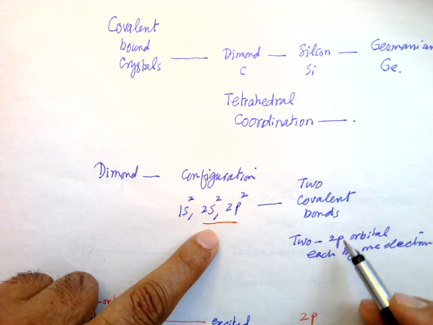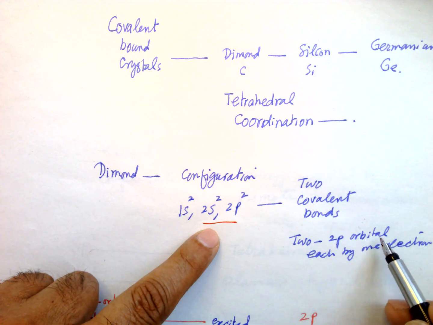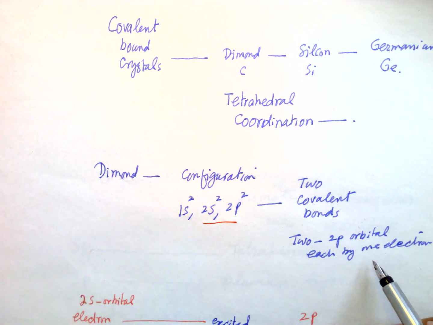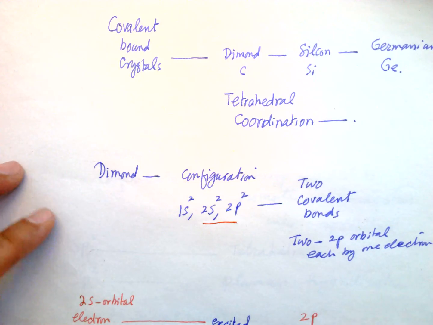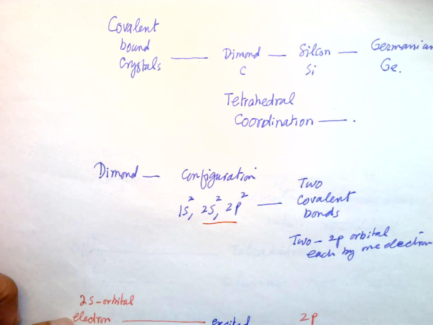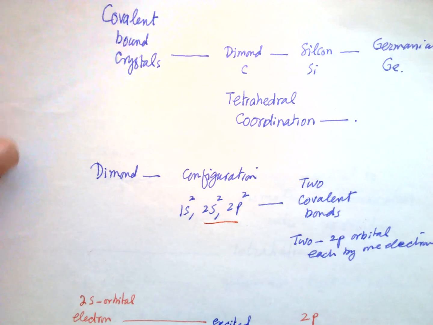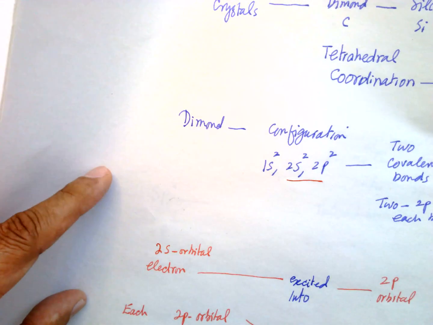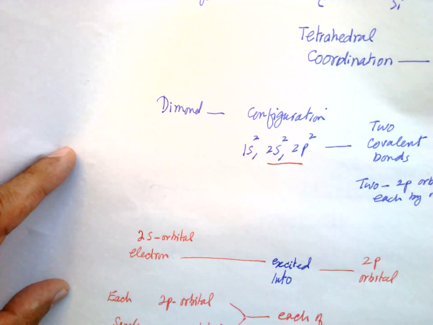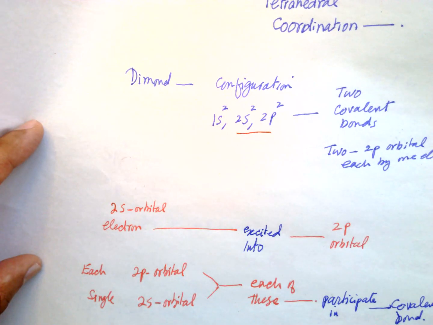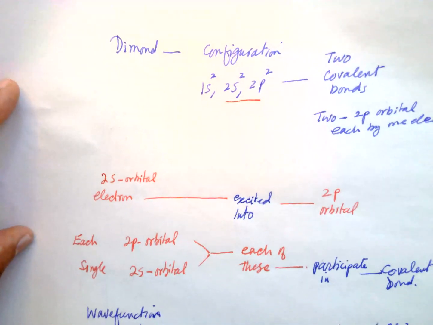For four covalent bonds, the 2s orbital electron is excited to the 2p orbital, so each of these participates in the covalent bonding. This is sp3 hybridization.